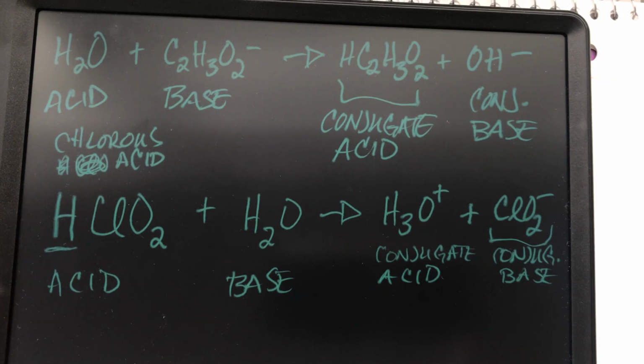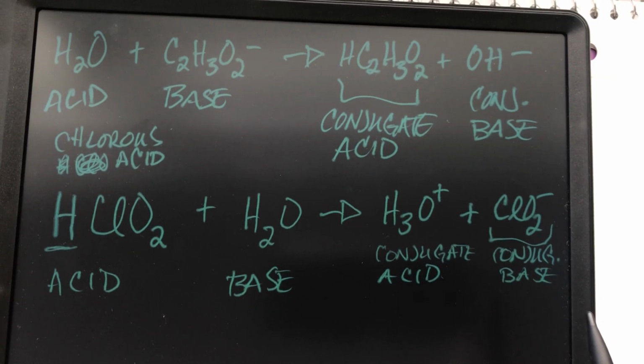Oh, you mean like when I give you names, instead of chemical formulas? No. So literally the way that you could see an exam question with this would be: label each one of these guys as being either the acid, the base, the conjugate acid, or the conjugate base.